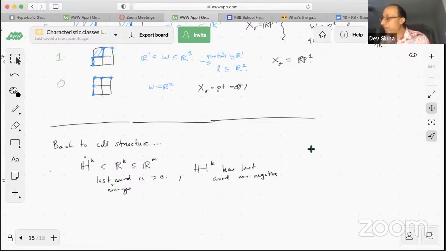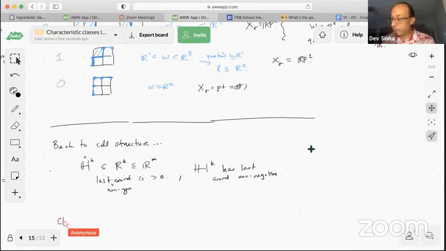Let's see. And then let's make some claims. Again, I'm just giving a highlight of what you need to check at this point to get the result that we've got a CW structure here.